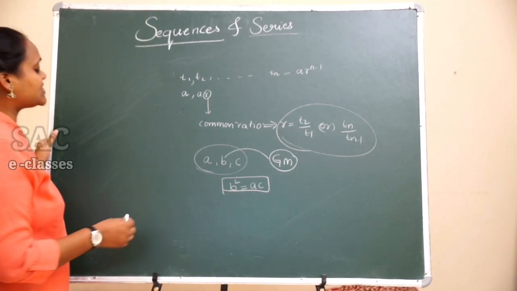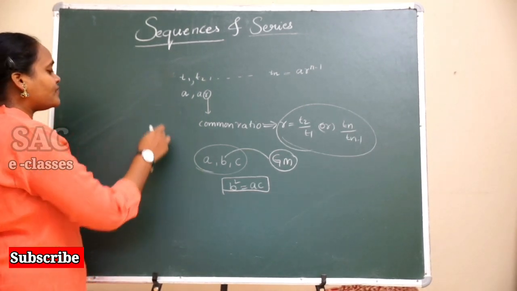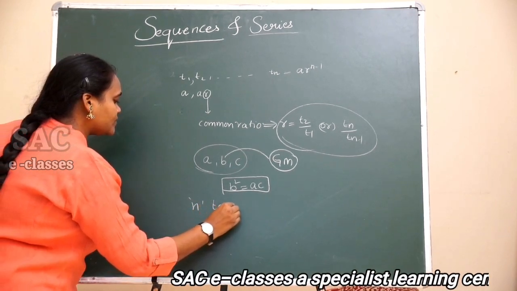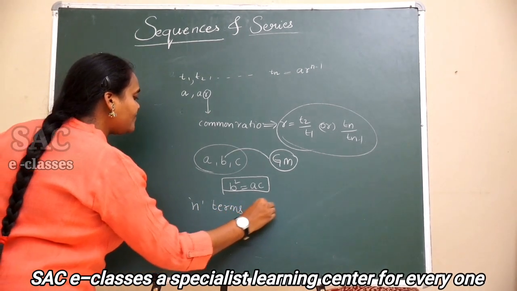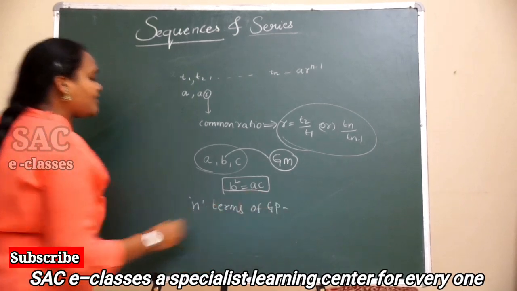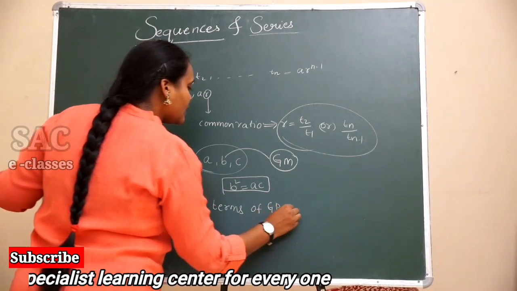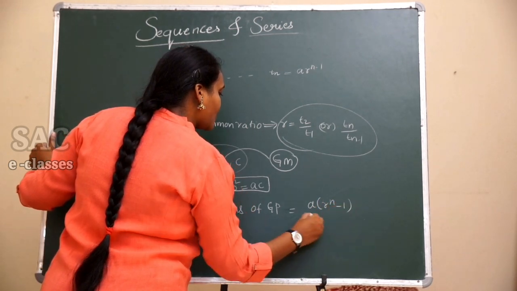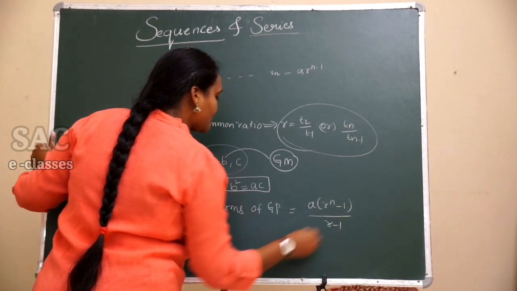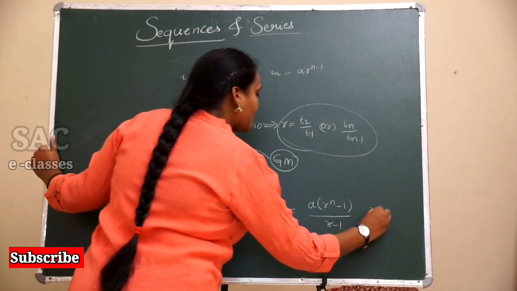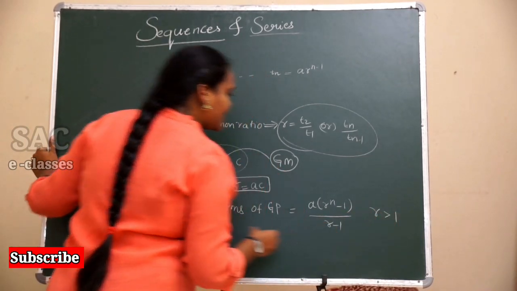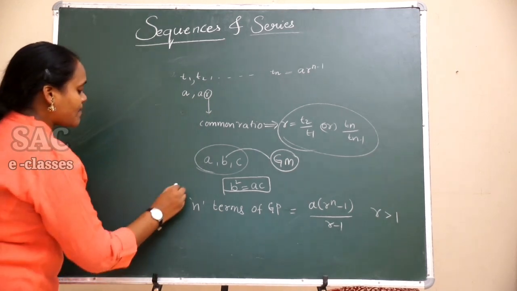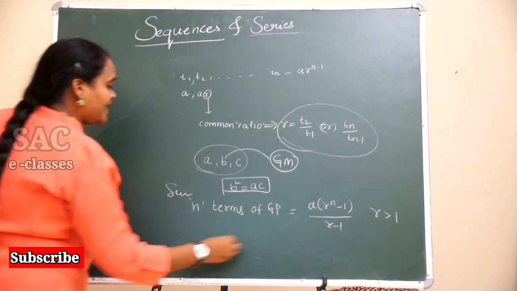The sum of n terms of a GP can be found by the formula a into r power n minus 1 by r minus 1, whenever the common ratio is greater than 1.